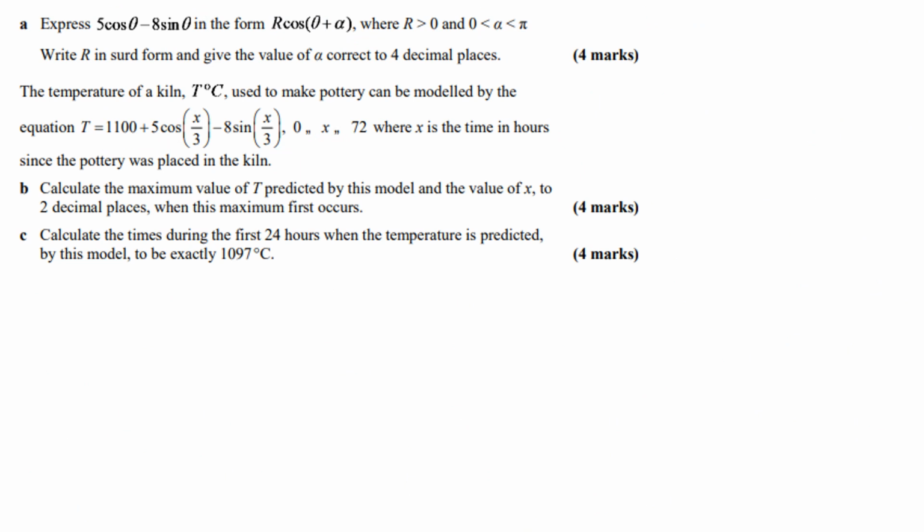Now in part C, we're being asked to calculate the times during the first 24 hours where the temperature is predicted by the model to be 1097. So if we set up that 1097 is equal to our 1100 plus the root 89 cos of the x over 3 plus the alpha, then all we need to do is unravel for that x.